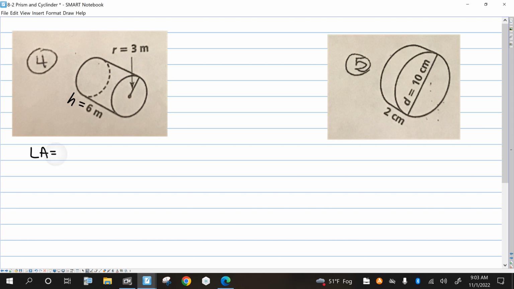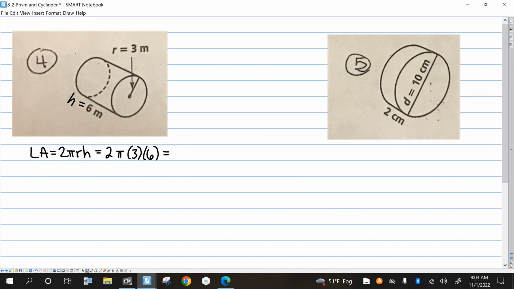So lateral area is 2 pi r h. Well, all you have to do is really plug in for r and h, right? R is 3, h is 6. So it's 2 pi 3 6. You can multiply those 3 numbers together and leave it in terms of pi.